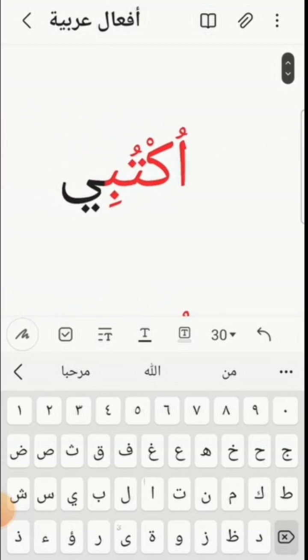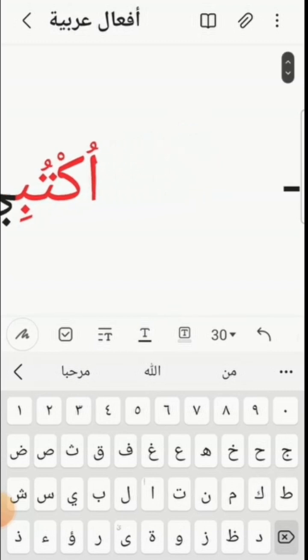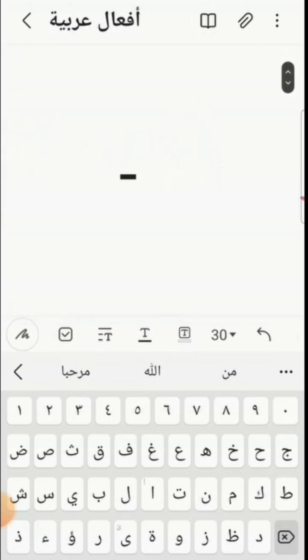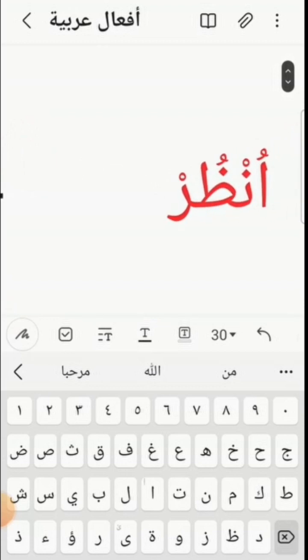If I want to say to a lady to write, I need to add the E sound. So then we'll say اكتبي. اكتبي الكلمة, right? Write the word. اكتبي الحرف. Write the letter. So with انظر, look, I can say انظر هنا, look here.